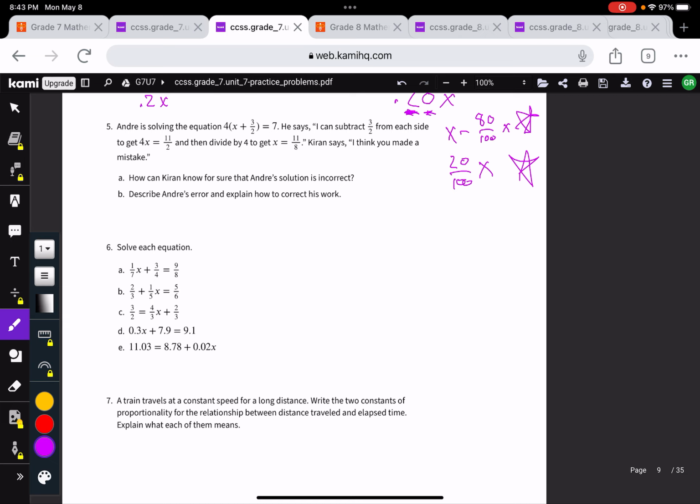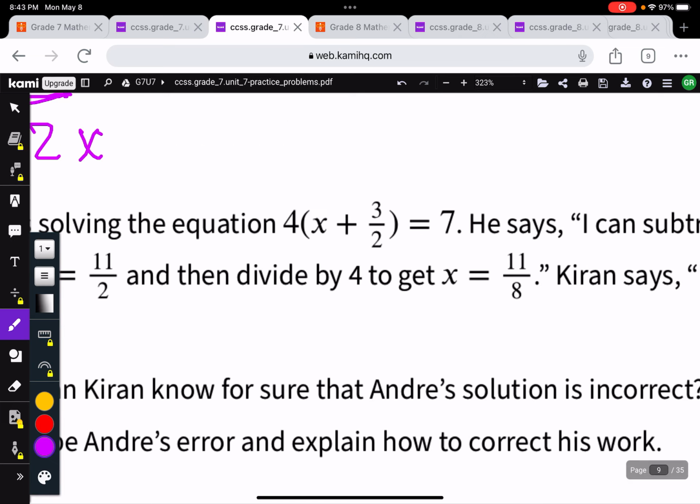2 ways. One, you can plug his answer, 11 eighths, in.